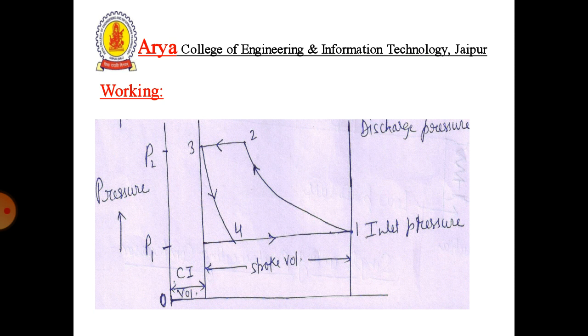Or we can say, just the movement of the piston. The piston has started to move to the left. This is the compression portion of the cylinder cycle, and it can be shown by the process 1 to 2, isentropic compression.